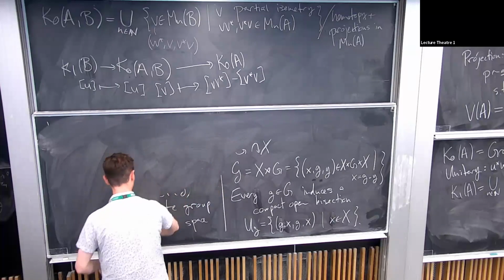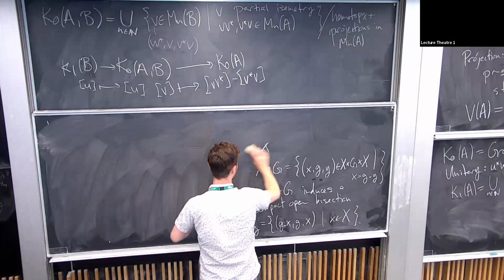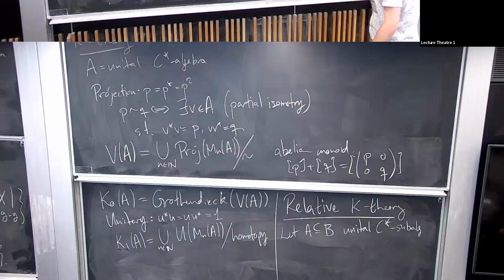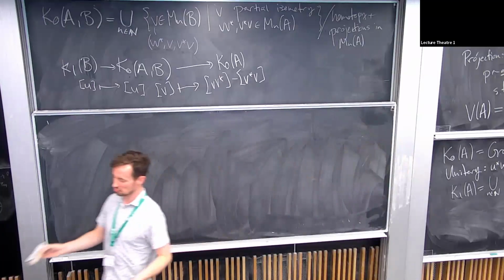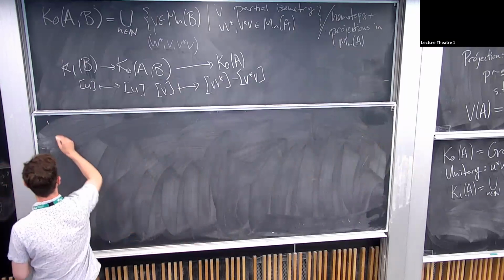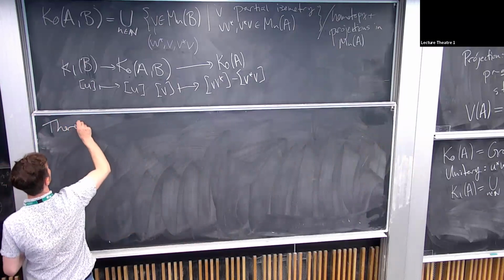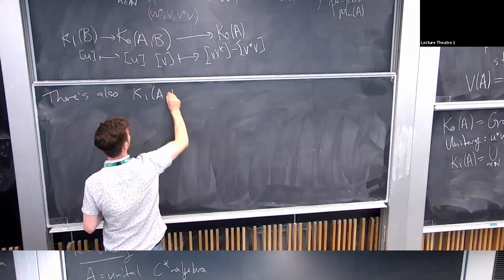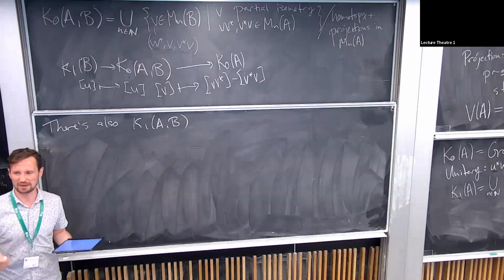I can also define a relative K1 group. I don't want to spend time on that one, but it's similar, though a bit more tricky to define. So there's also a relative K1, but I'm not going to spend time on that.